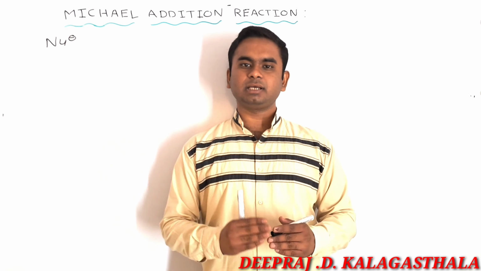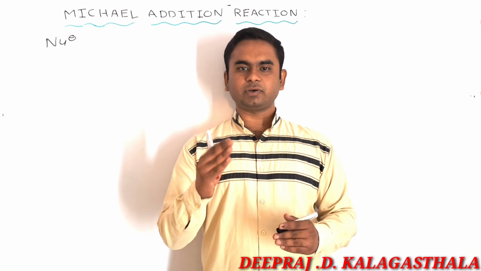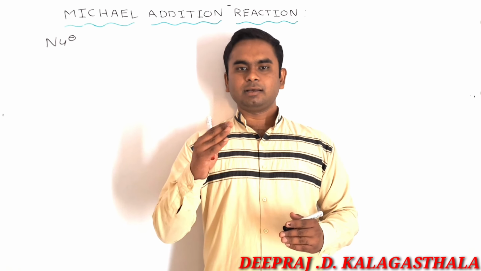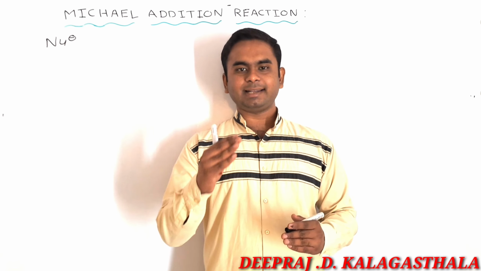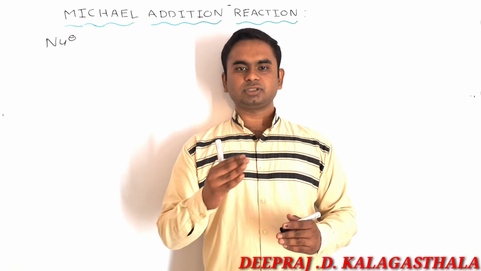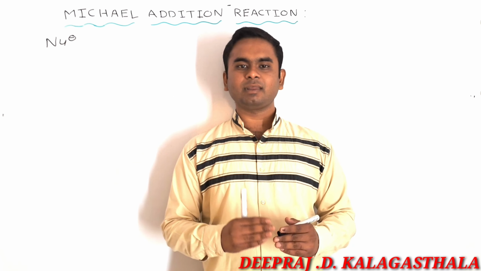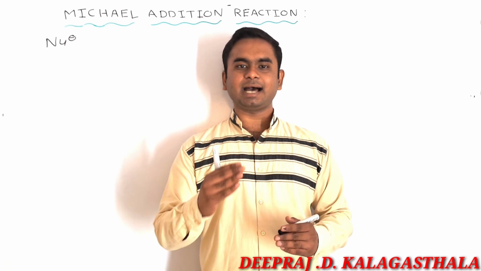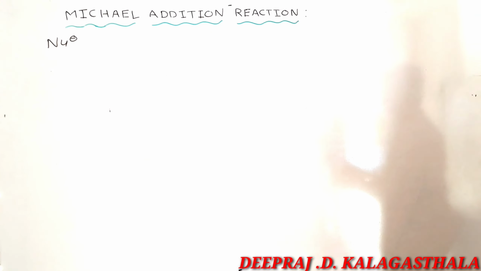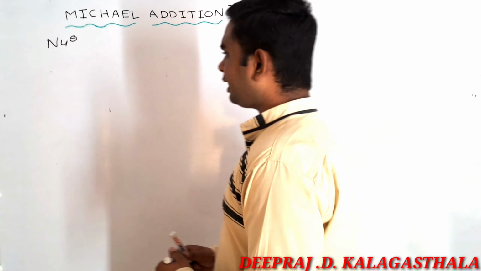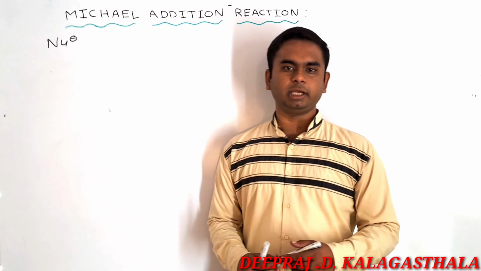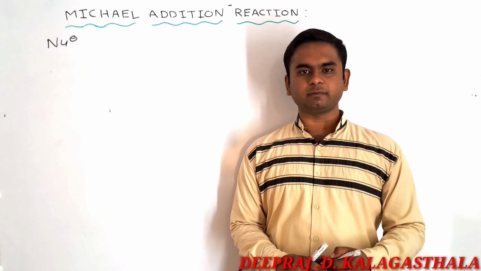Here hard means molecules, atoms or ions that are small in size and less polarizable. Soft means molecules, atoms or ions that are large in size and highly polarizable. So according to the theory, there are two types of nucleophile, hard and soft.